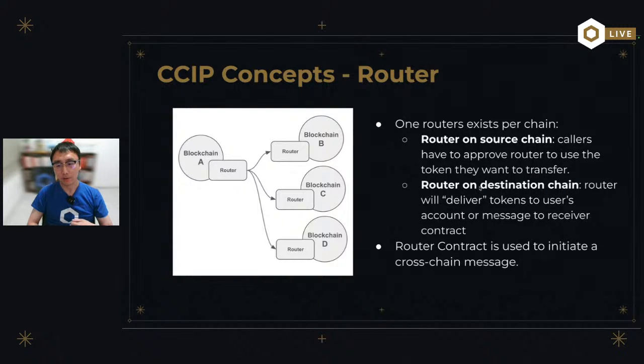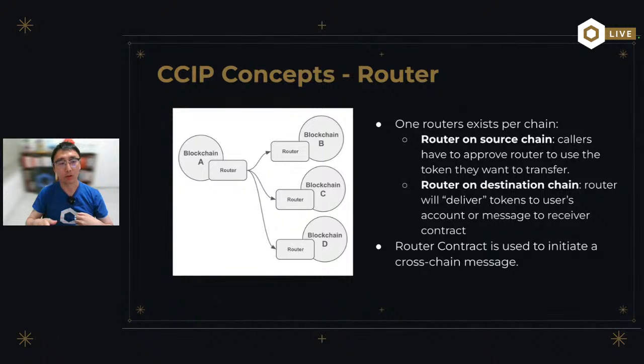And the router on the destination chain helps you execute the transaction on the destination chain, maybe mint an NFT or do something with your tokens, right? So the router is definitely the smart contract you need to interact with from your smart contract.